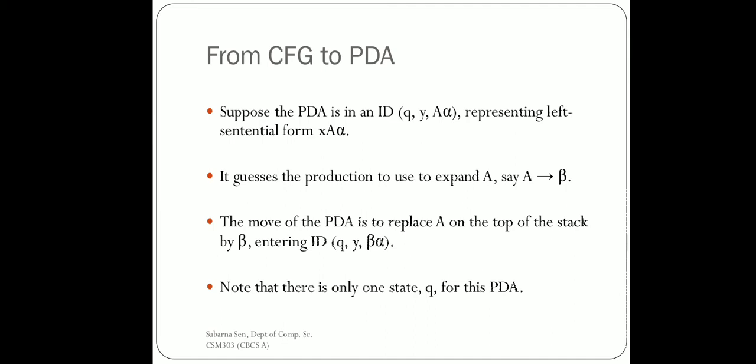Now the question is what beta consists of. Beta can again consist of a set of terminals and a set of variables as well. So we have to find the next leftmost variable, and then we can move accordingly. Here we are concentrating on only one state q for simplicity. It is also applicable for more than one state, nothing to worry.